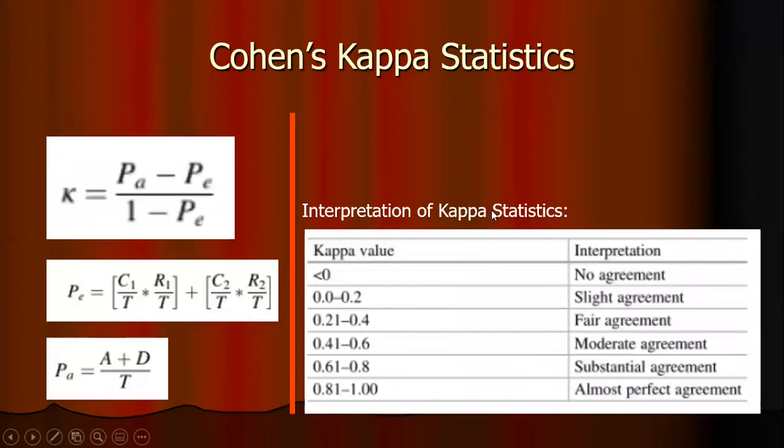So what is the interpretation of kappa statistics? If kappa is between 0.81 and 1, there is almost perfect agreement between two observers. And if it is between 0.61 and 0.8, there is substantial agreement. Similarly, it is interpreted.